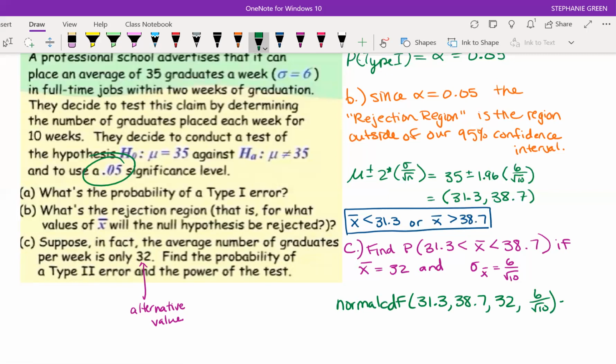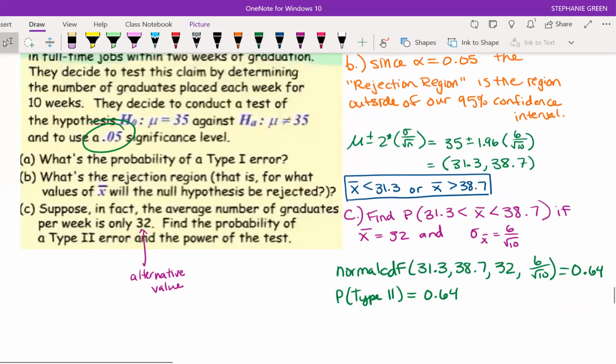And that ends up being 0.64. So that means the probability of a type 2 error is 0.64. And the power of our test is the complement of that, 1 minus 0.64, which is 0.36.